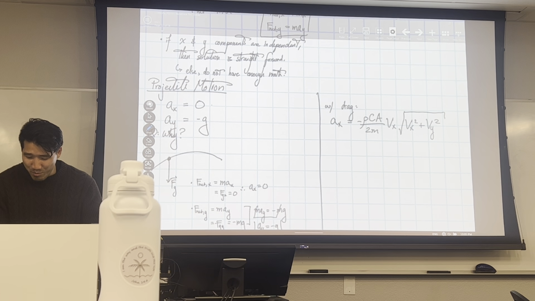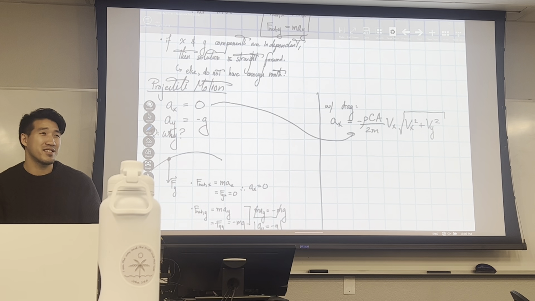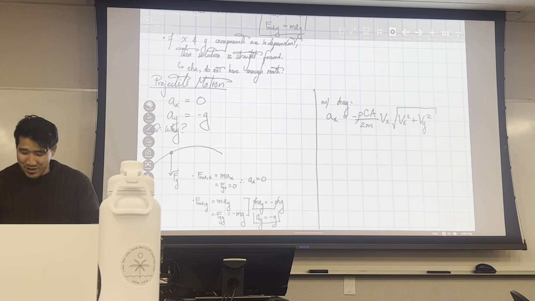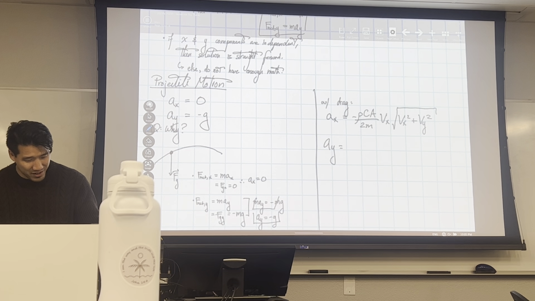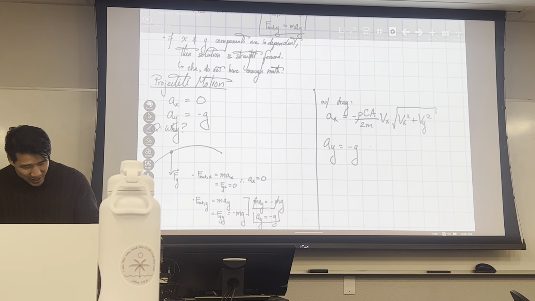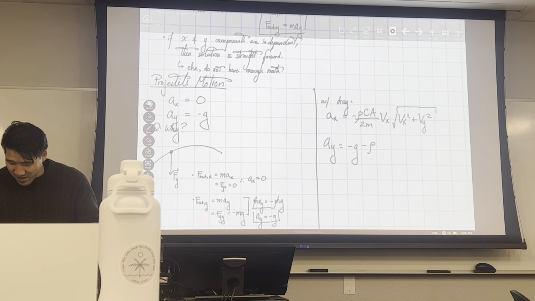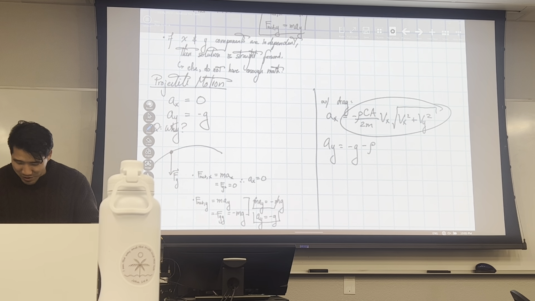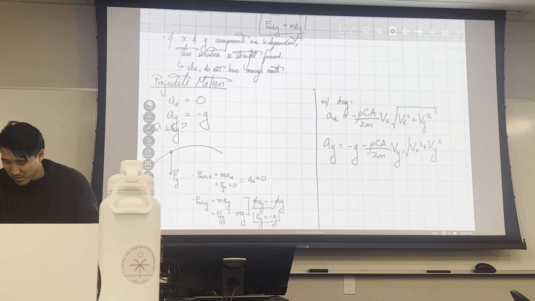All right, which one's simpler, 0 or that? Clearly it's 0. In the y direction, it's negative g minus that entire thing with a minor change, which is that it's vy times the square root of vx squared plus vy squared.